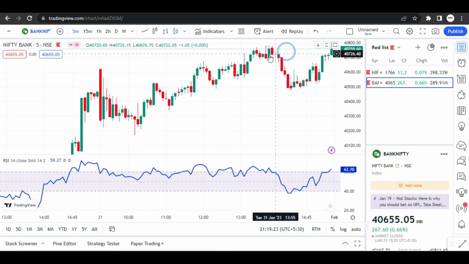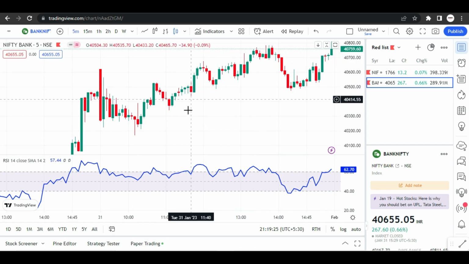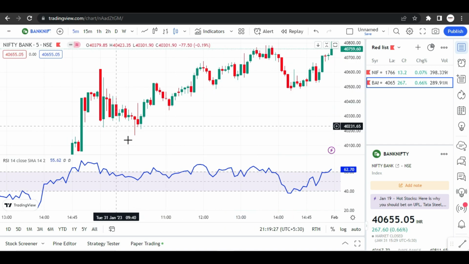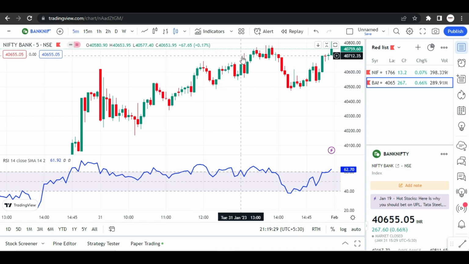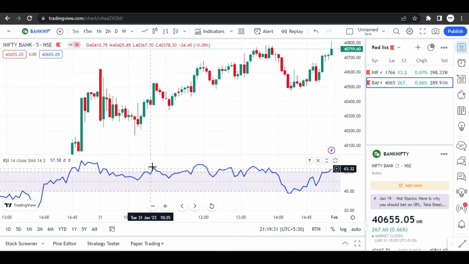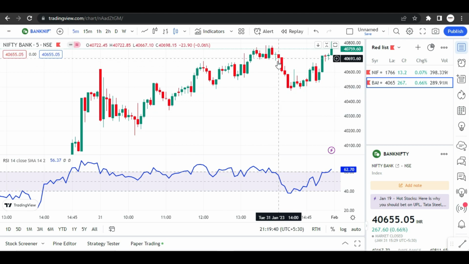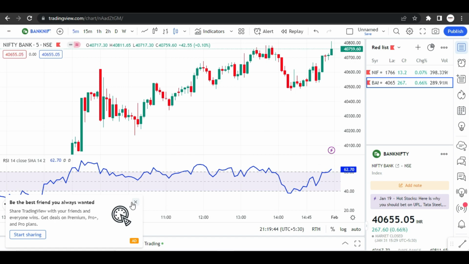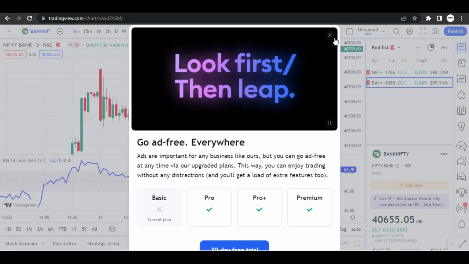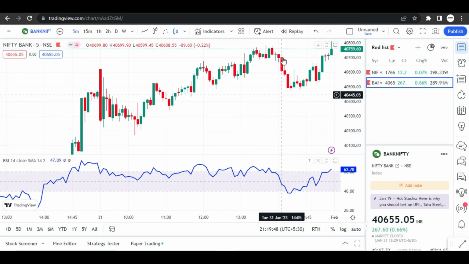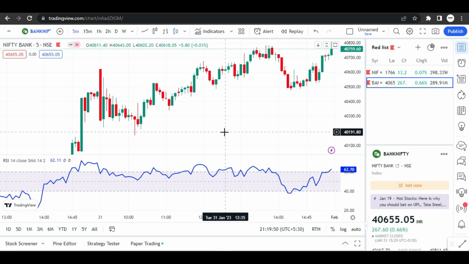So this is called divergence: price is able to make a higher high, but the RSI line is not able to make as high a high compared to its previous high. And after that there's a fall. Once price comes below the 60 line, it falls immediately.